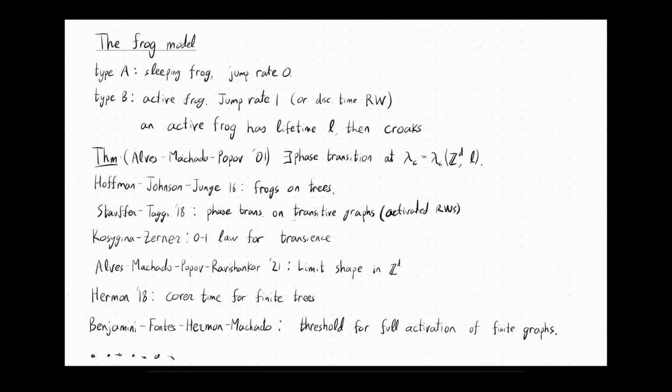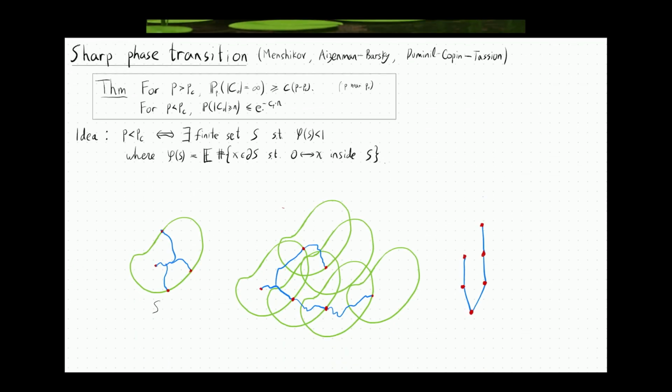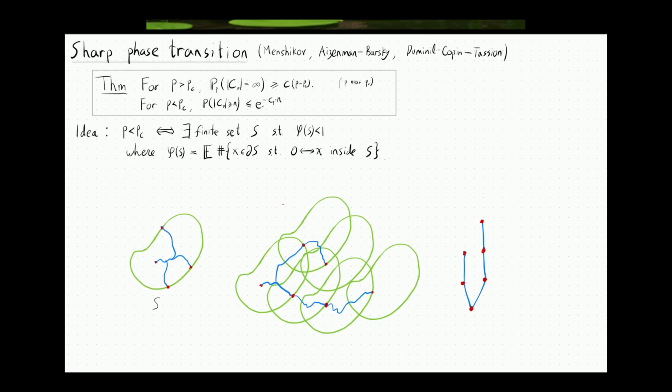And there's been a long list of papers extending and studying other properties of this. I will not go over the whole history, but rather I want to get towards our work. There are two main results that I'm going to talk about.